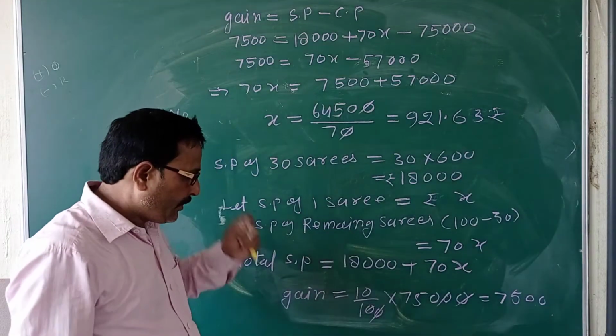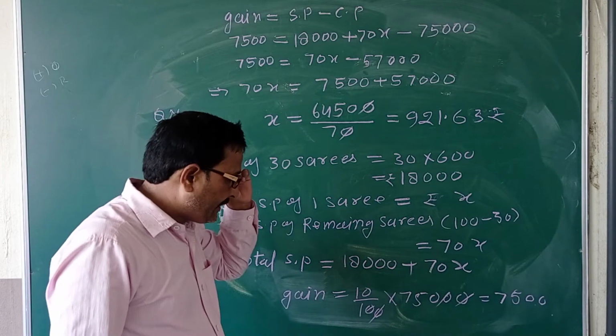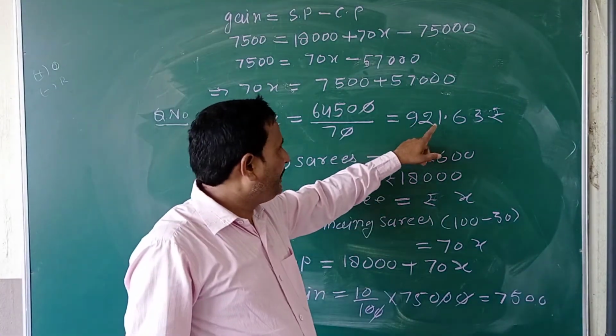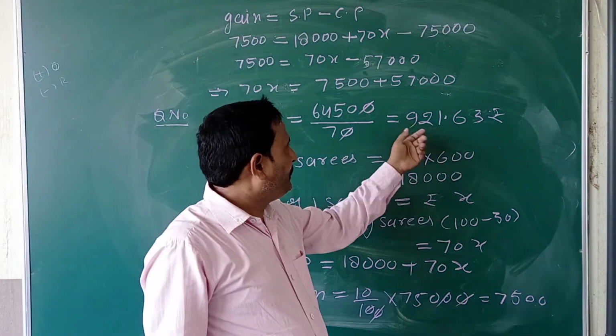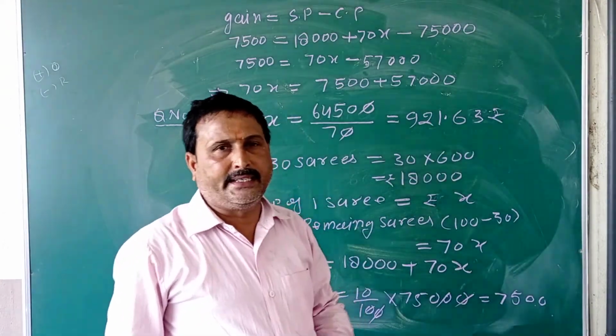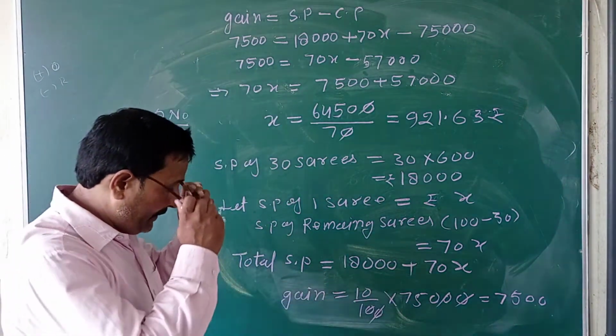What is this? The question is asking at what rate he should sell the remaining saris. It means if he sells the remaining saris at 921.63 rupees, he will get 10%. Okay, now you write it in your copy.